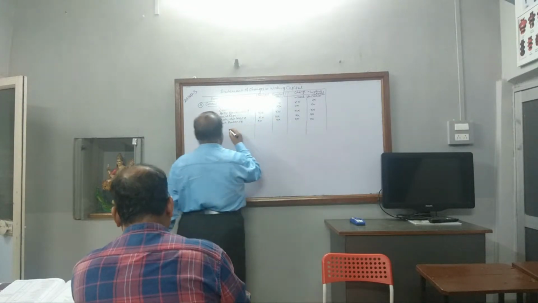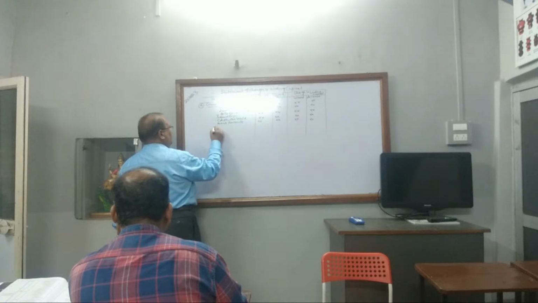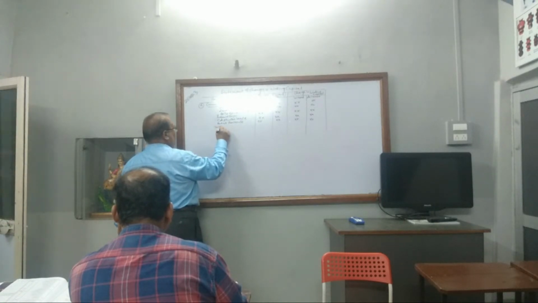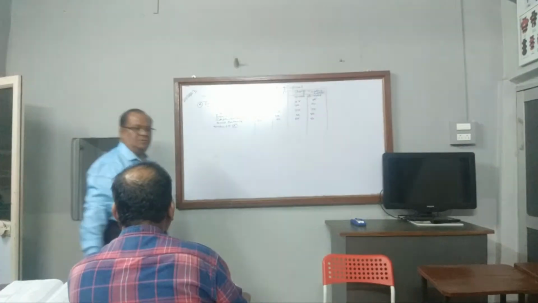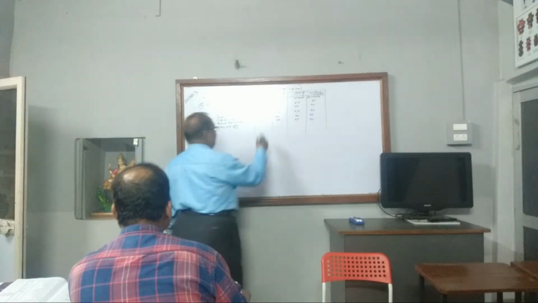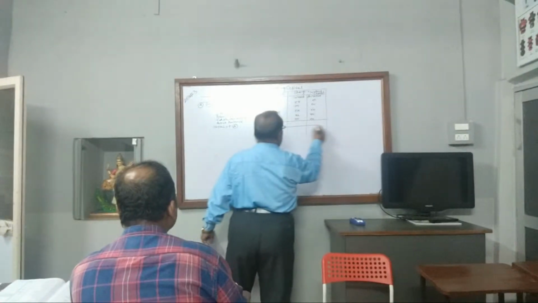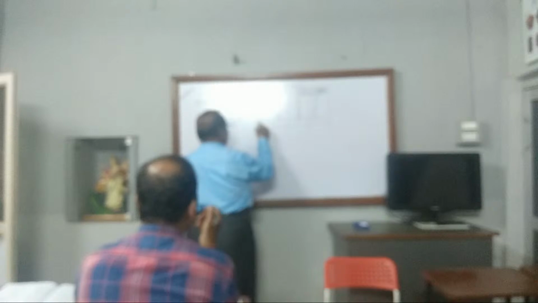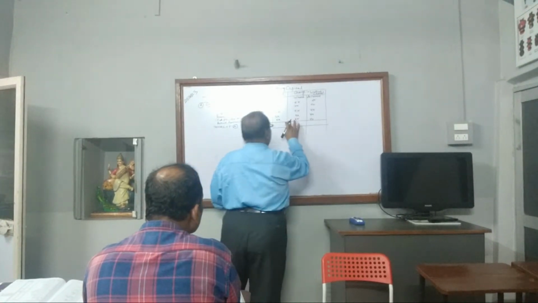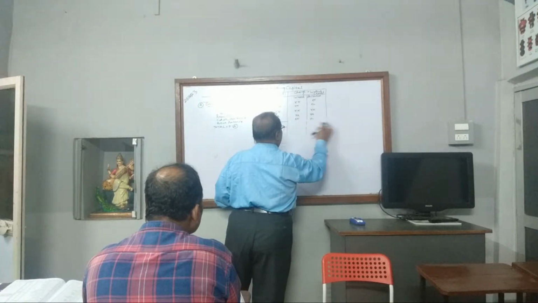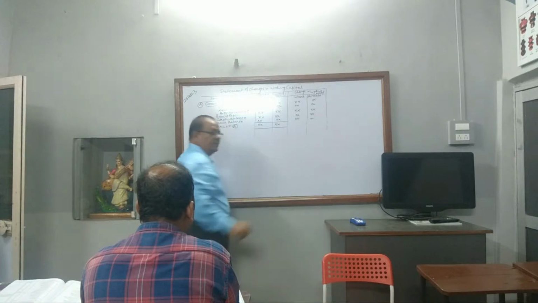Then you have to take here the total of A, like this. You take this total here. Don't take this total now. This total you take.